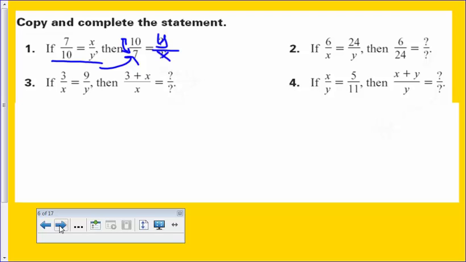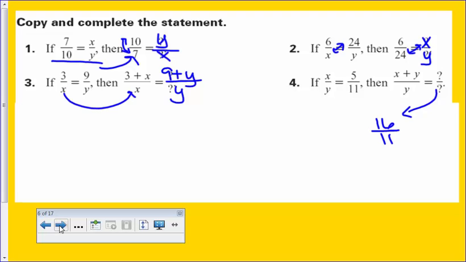All right, so here are the answers. Number 2 is the same idea, except we are doing the interchange. So we interchange the x and the 24. So 6 over 24 should equal x over y. And number 3, if you notice from this set to that set, we did the denominator add and added x to the top.